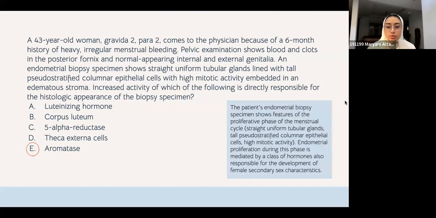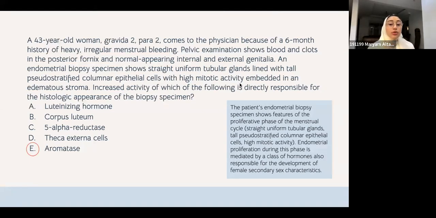Okay. So again, the patient's endometrial biopsy is showing straight uniform tubular glands. If they mention something about spiral arteries, then you would think more so about your luteal phase. Then I could tell you, okay, you can have corpus luteum as the answer, for example. But in this case, there's a very high mitotic activity.